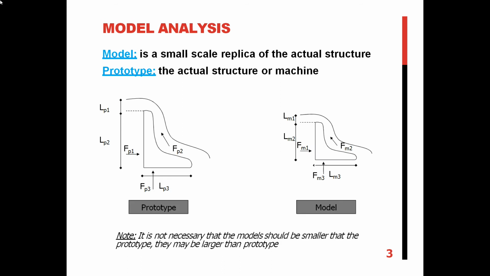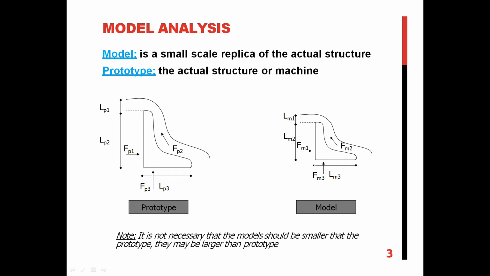What is a model? It is a small scale replica of the actual structure. And what is a prototype? It is the actual structure or a machine. Here they have given the two important differences between prototype and model. The structure is the same, but the dimensions differ.